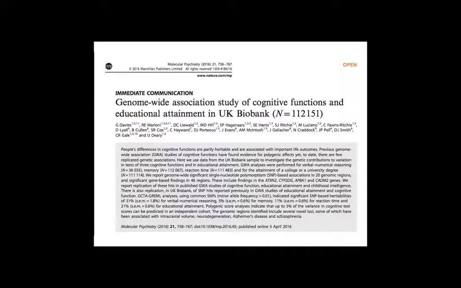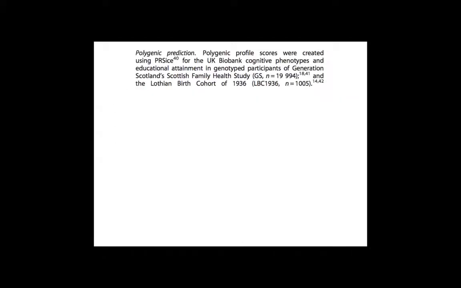This is the UK Biobank, where they're saying, hey, we've got our tests of cognitive functions that we gave people. We're just going to plow through because we're big. And so they found some stuff. And they did this really clever thing that's sort of a precursor to talking about gene scores. So they took their GWAS stuff and made a polygenic risk score, and they did it at a bunch of different thresholds.